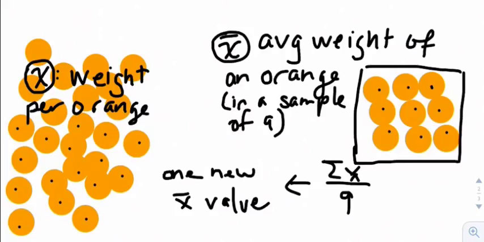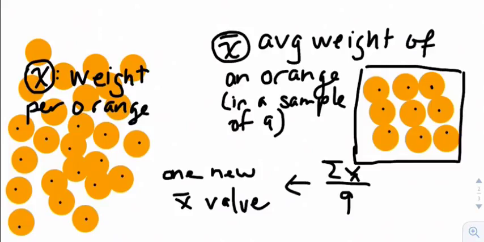Let's say you are a distributor for oranges, you might care that each box of 9 oranges is about the same weight. Sure, some of the oranges in the box might be bigger, might be smaller, but you want to know that each box has about the same weight, so maybe you care about what the average weight of an orange is in the box, not necessarily whether each orange is the same.